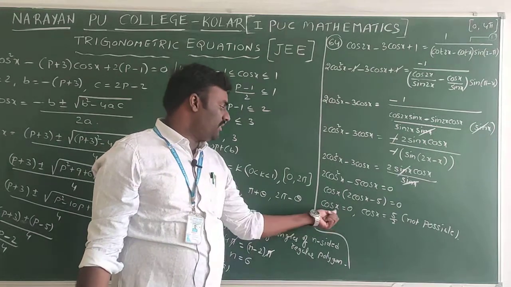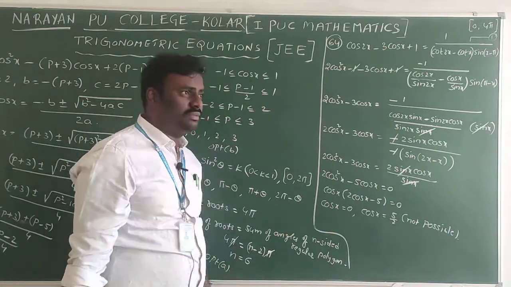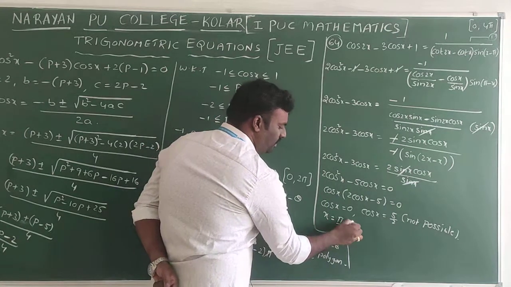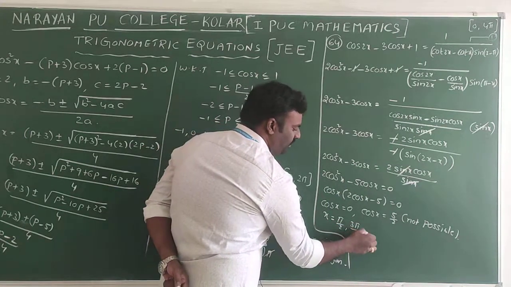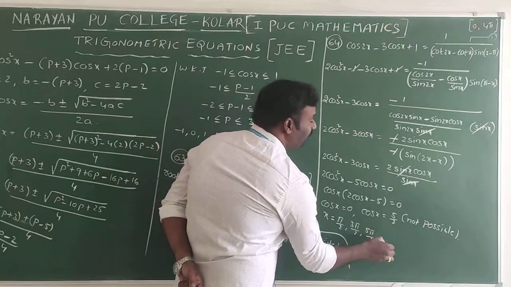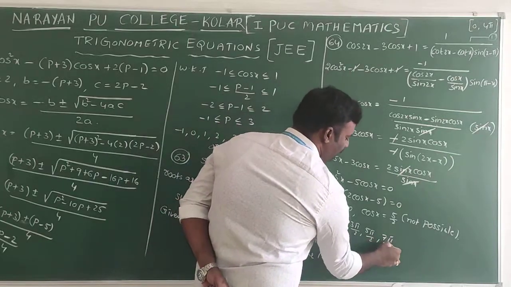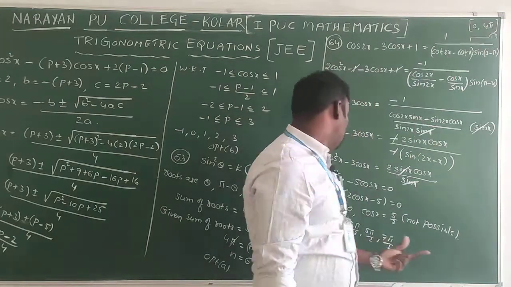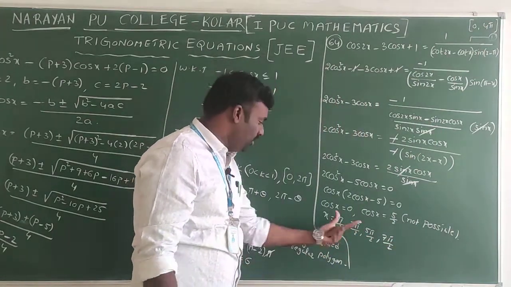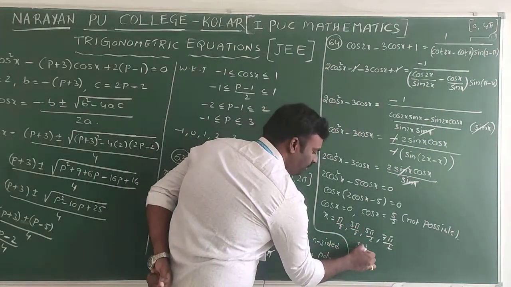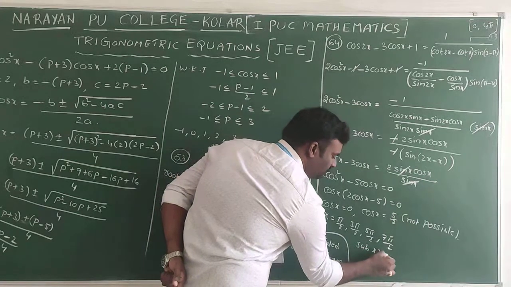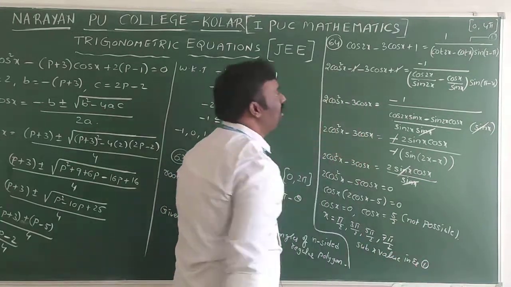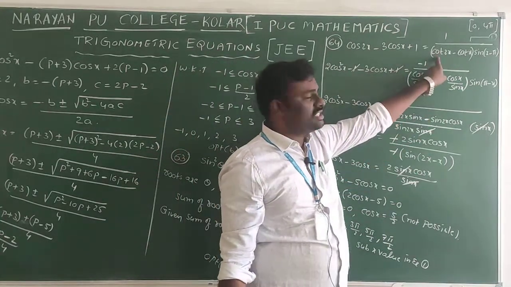For which values do you get cos equal to 0? Pi by 2, 3 pi by 2, 5 pi by 2, 7 pi by 2. Next we would get 9 pi by 2, but that is not in the range. Totally we have 4 values, but if you substitute the x value in equation 1, in the denominator a cot function is there.